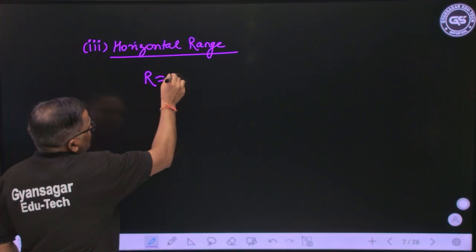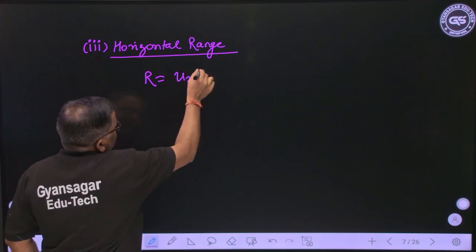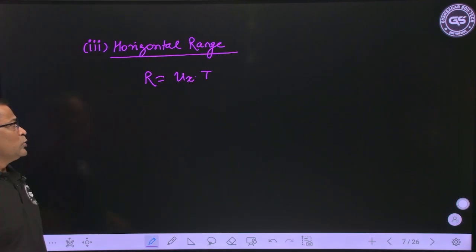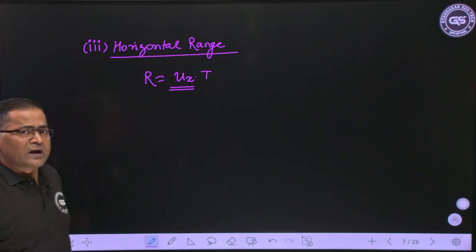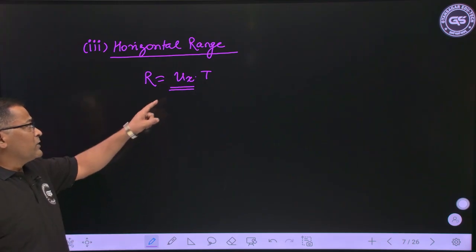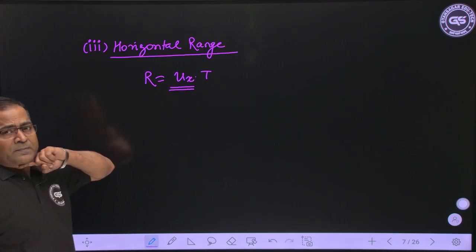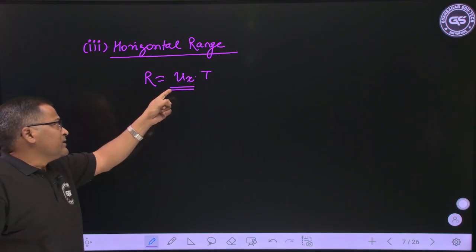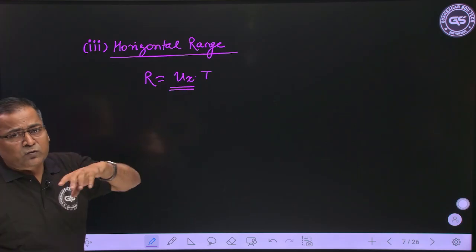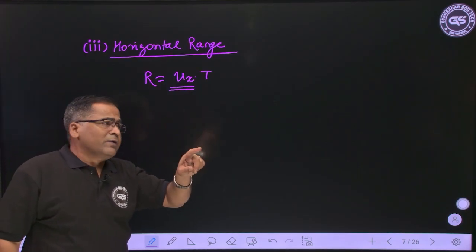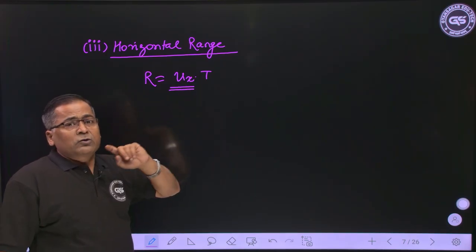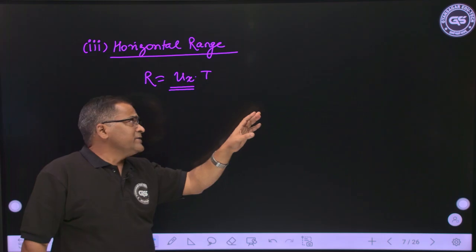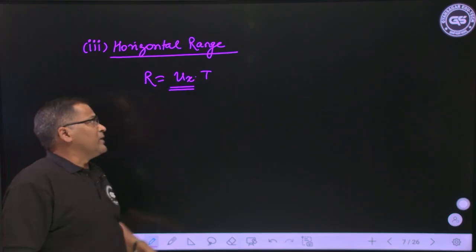r equal to ux into t. Ux is horizontal velocity with which it has been flying continuously. Horizontal velocity does not change with time. It is u cos theta in the beginning and u cos theta throughout and u cos theta in the end, and it is moving with that velocity for time of flight. So how much horizontal distance it has travelled in this time we can find out.